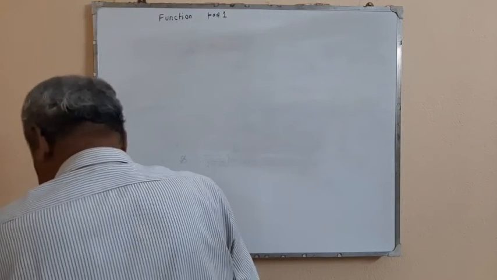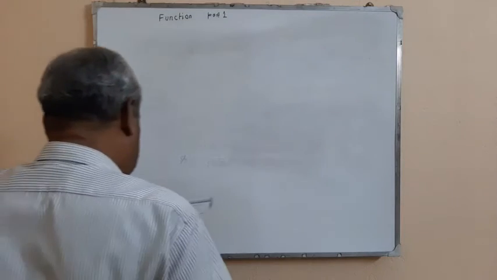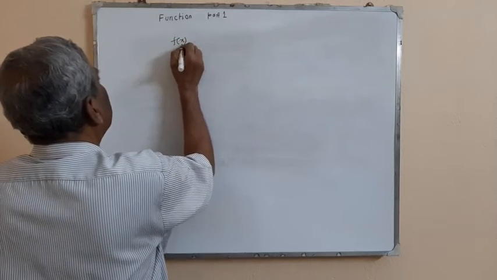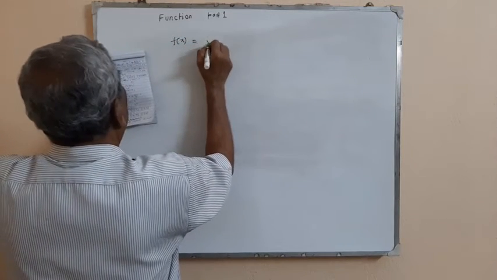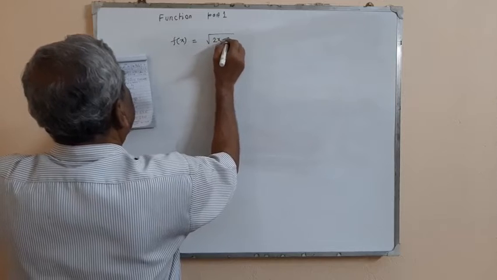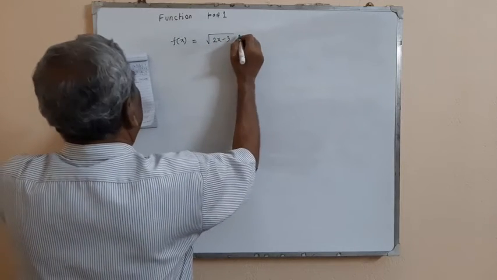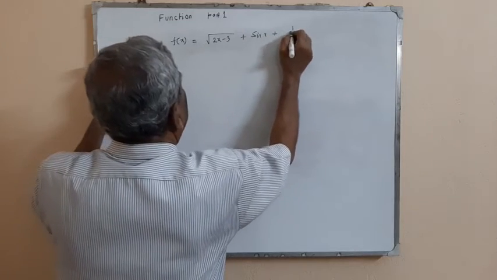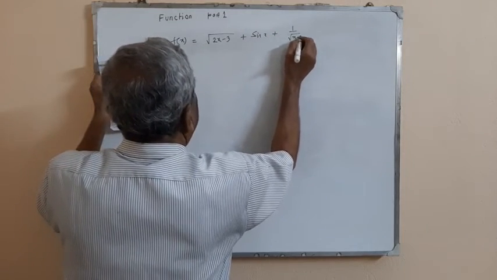Find the domain of definition of f(x) = root over 2x minus 3 plus sin x plus 1 by root over x minus 1.